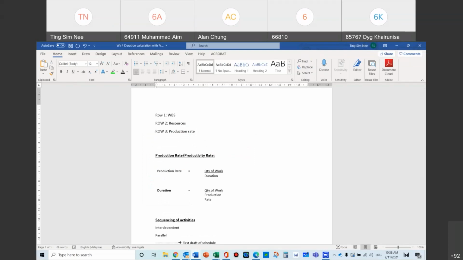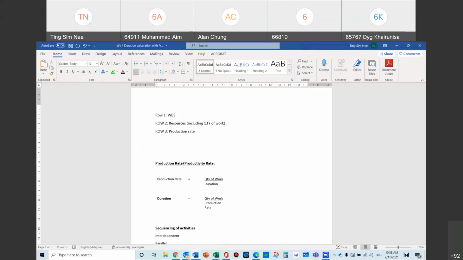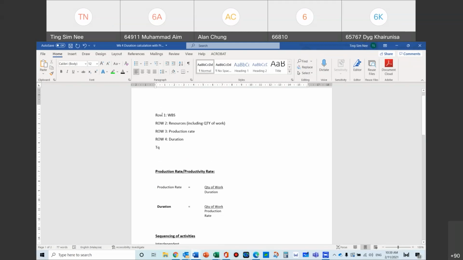So row number 3 is production rate, and after that you can have your resources, including quantity of work. So for production rate, you use the formula. And then not row, sorry, column.